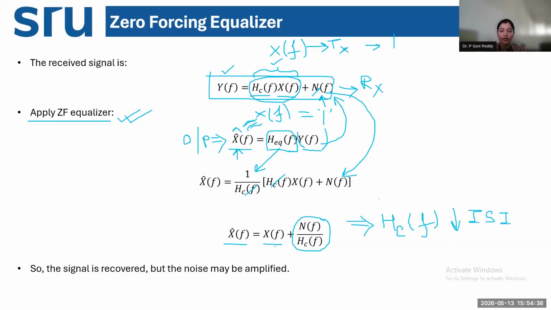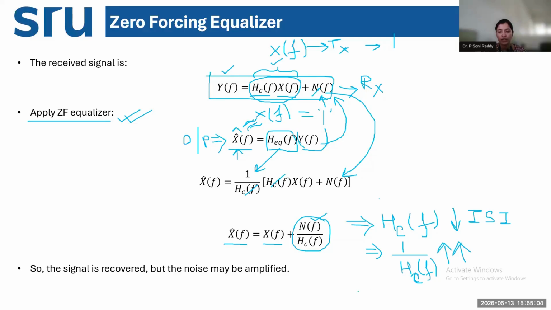But now what is happening here? If I reduce this value of H(f), the factor that is multiplied with the noise, that is 1 by H(f), this factor automatically increases and it becomes very, very large. So if this becomes very large, we are multiplying this factor with the noise component N(f).